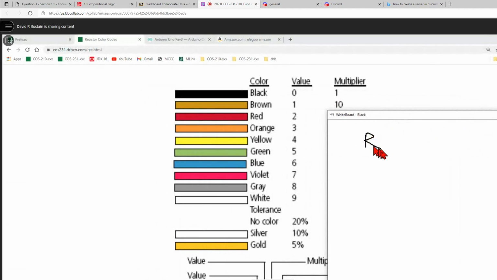Okay, so we said red, orange. Red is a 2. Red is a 2. There's our two significant digits. Now we need to add 3 zeros. So our decimal point's right there.